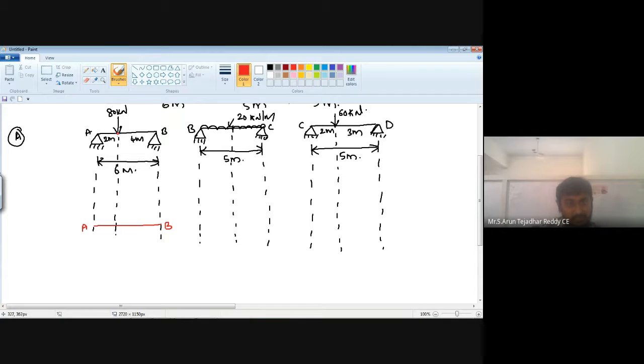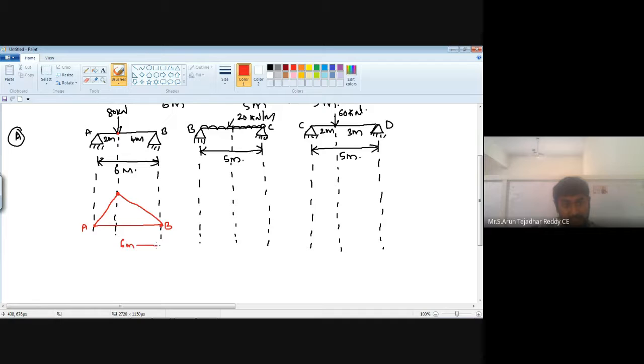The load is acting at this point, so somewhere here we get the maximum bending moment. Point A is 0, point B is 0 because it is simply supported. Now join the points, then you will get one shape of free bending moment diagram.